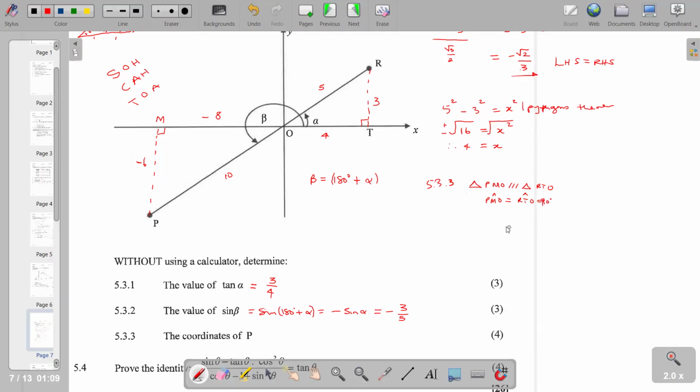Then our angle MOP is equal to our angle TOR, these are vertically opposite angles.